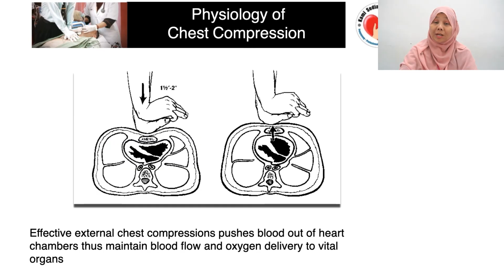Due to this simple way in which blood flow occurs, when the heart stops pumping during cardiac arrest, effective external chest compressions push blood out from the heart chambers and thus maintain blood flow and oxygen delivery to the heart, brain, and other vital organs.